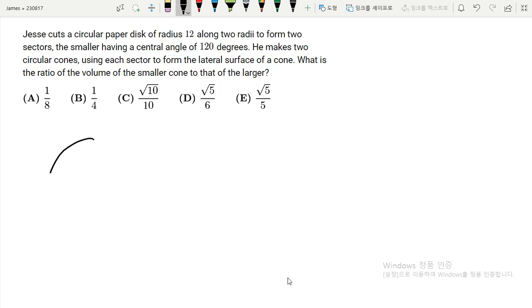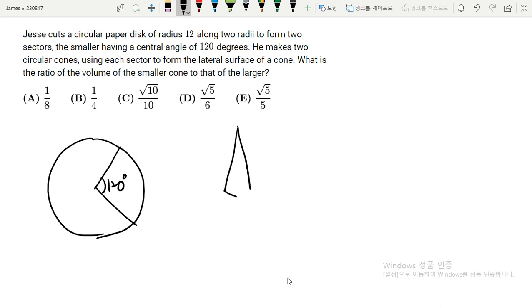So if we make this sector with 120 degrees, like this, and then using this, we are making this cone, and because radius is 12, this slant height is 12, and this arc length is the same as the circumference of the circle.